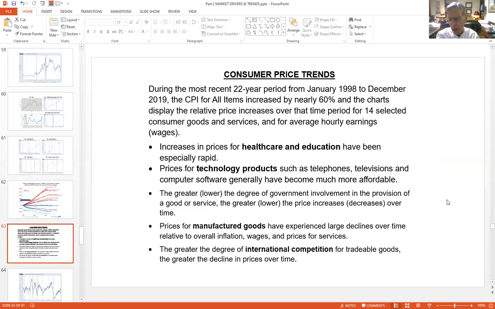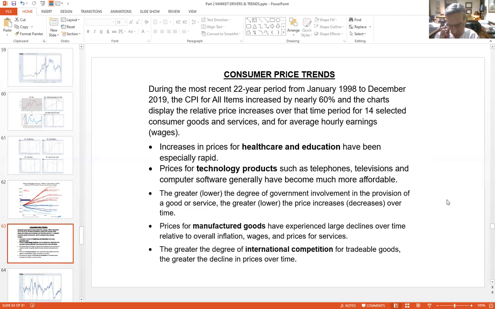During the last 22 years, the 60% increase on average has occurred, but healthcare and education faster, while technology products such as telephones, televisions, and computer software are more affordable because they're produced in Asia. Another item that seems to be the case is more involvement of government in regulation, approvals of price, and manufacturing methods and so forth.